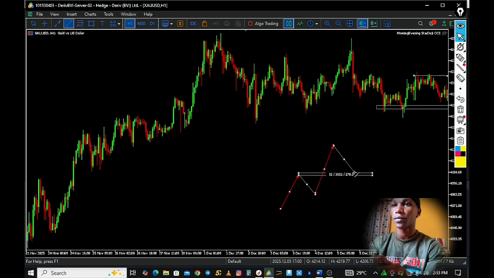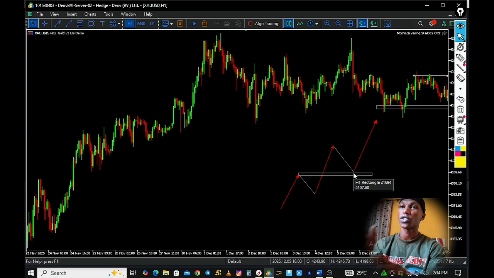That is when we shall become buyers to the upside. As simple as that. You see, there's no complication here. If it breaks this zone, we wait for it to come back to this exact zone. That's when we shall become buyers, or we can buy from here.